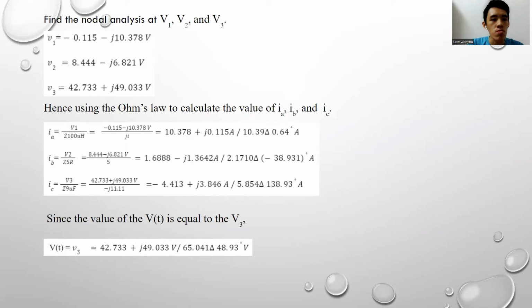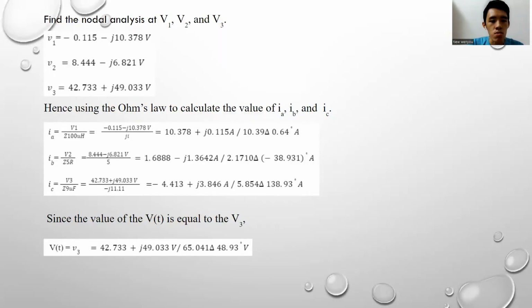By using manual calculation, we get V1 equal to negative 0.115 minus j times 10.378 volt, V2 equal to 8.444 minus j times 6.821 volt, and V3 equal to 42.733 plus j times 49.033 volt. Hence, we use Ohm's law to calculate the values of IA, IB, and IC.